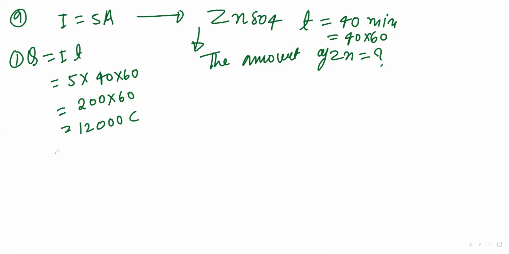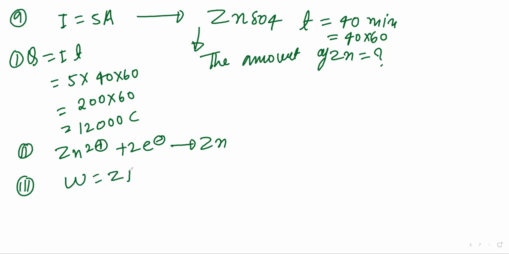Right. Second is the reduction of zinc. So it will be Zn2+ gaining 2 electrons forming Zn. Next is the equivalent weight formula. So Faraday's first law: weight equals Z I T. It is nothing but mass upon n F, where n is the factor and F is the Faraday value.